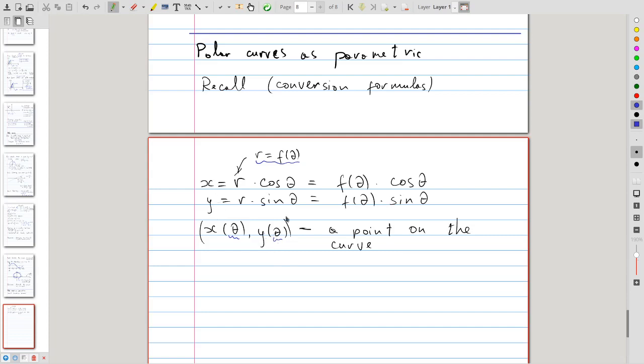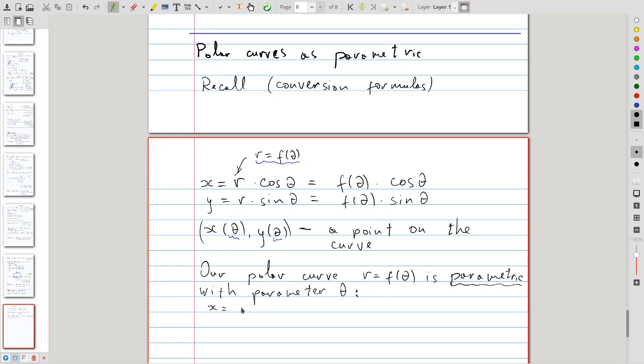And then we obtain that our polar curve r equals f of theta is in fact parametric with parameter theta, and specific parameterization that we have in mind here is the following.